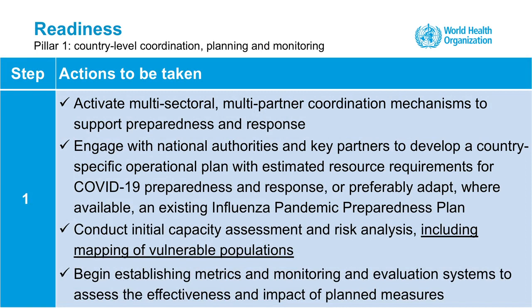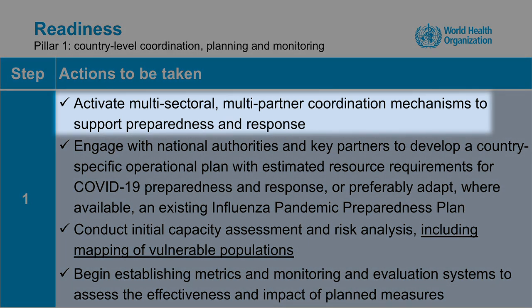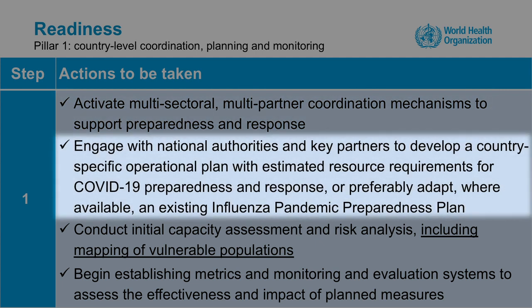These slides go into a little bit more detail about each of the pillars of readiness. So the first one, as I mentioned, refers to the multi-sectoral and multi-partner coordination mechanisms that support the preparedness and response. This is when you should be engaging with national authorities and key partners to develop a country-specific operational plan with estimated resource requirements for COVID preparedness and response, or preferably adapt existing pandemic preparedness plans, such as an influenza one if it exists.